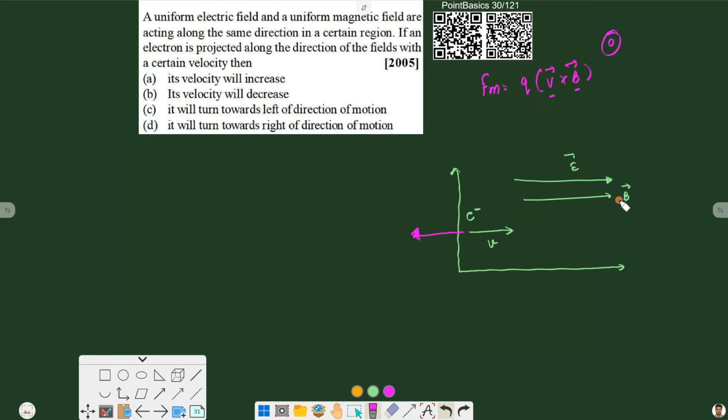So we can ignore the effect of the magnetic field, only the electric field's effect will be there. And as the force due to the electric field is acting in the opposite direction, the electron will feel a deceleration or negative acceleration. So slowly its velocity will decrease, and then after that it will start moving in the opposite direction.